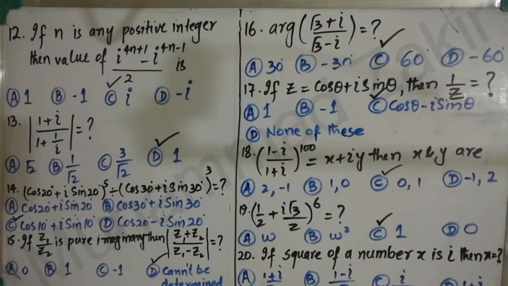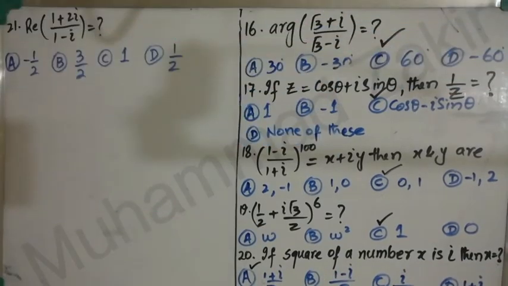We square it and see what it is. Numerator is 1², i², 2ab makes 2i, divided by the square of the denominator, which is 2. Now these two get cancelled, and this 2 will be cancelled by this. This is i. So the square of a number is i. That number is this. So this is the correct answer A in this case.